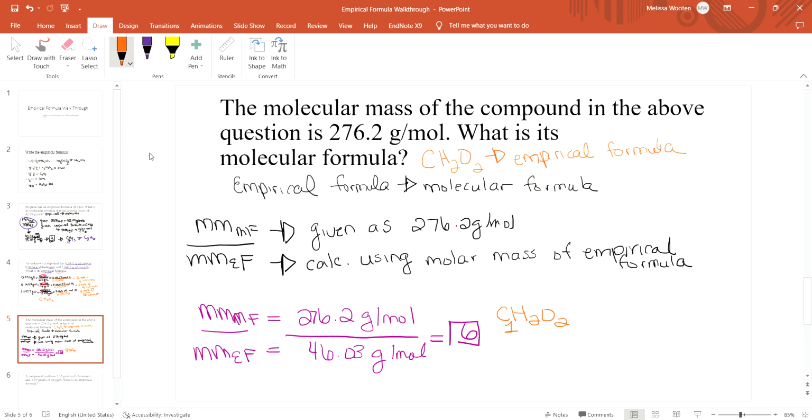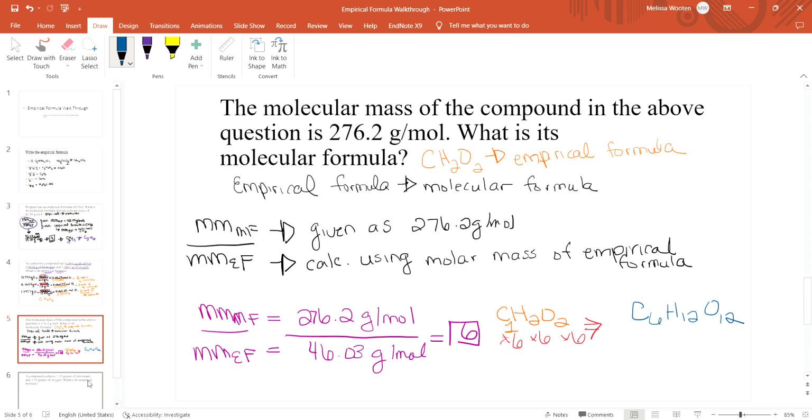And now we're going to multiply by 6. And so our answer is going to be C6H12O12.